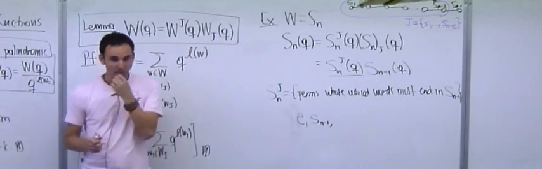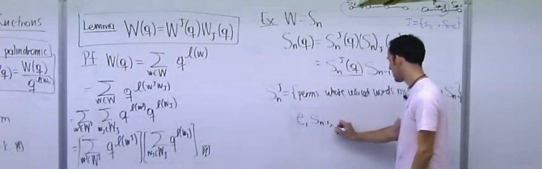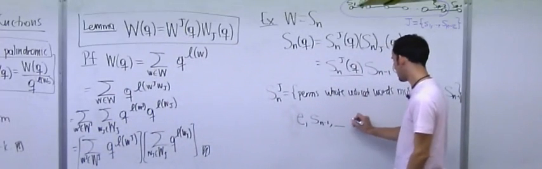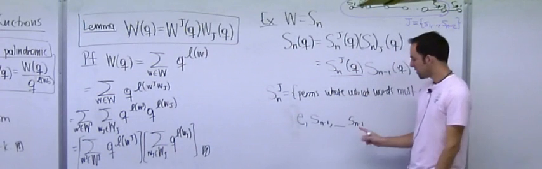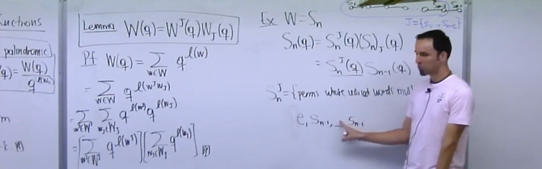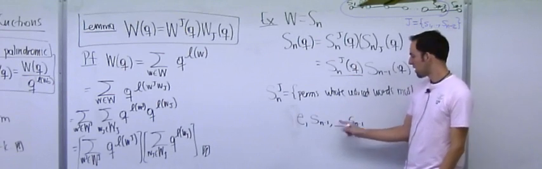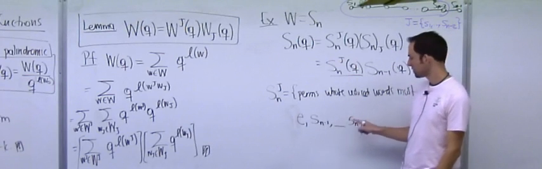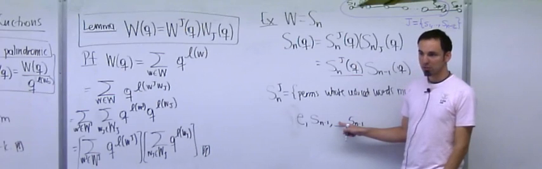What are the elements of length 2? Well, if they're of length 2, then I must be able to write them as something times Sn minus 1. But what can go here? Well, Sn minus 1 cannot go here because this would not be reduced. Sn minus 2 could go here. Could Sn minus 3 go here? Actually, it couldn't.